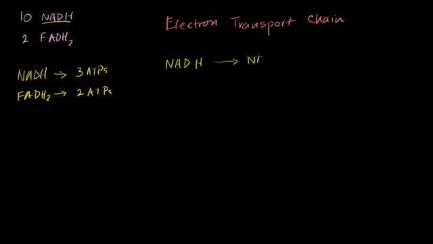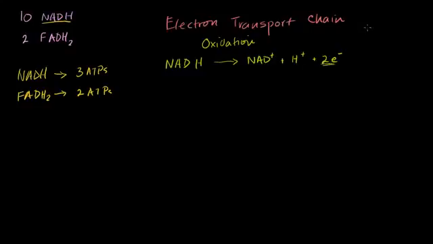You'll have some NAD+, which you can then go and use back in the Krebs cycle and in glycolysis. You have some NAD+. You'll have a proton, right? A positive hydrogen ion is just a proton. And then you'll have 2 electrons. This is the oxidation of NADH. It's losing these 2 electrons.